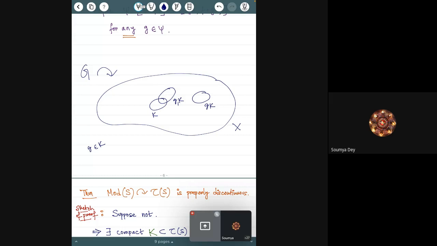That set should be finite. This was the definition of a properly discontinuous action.